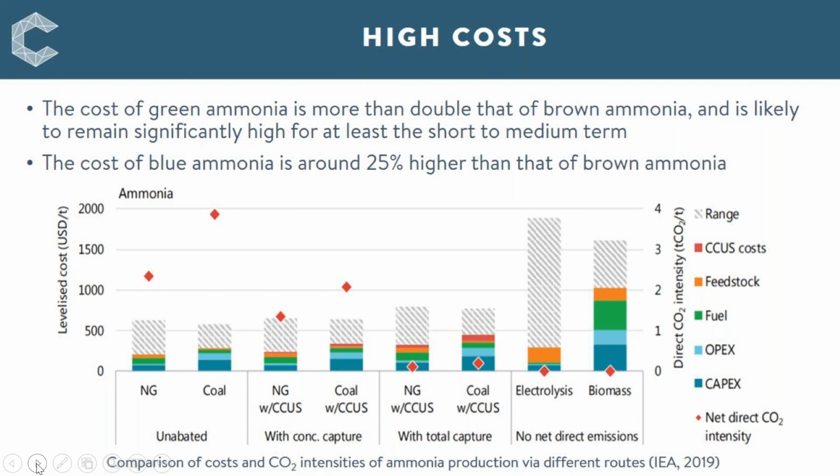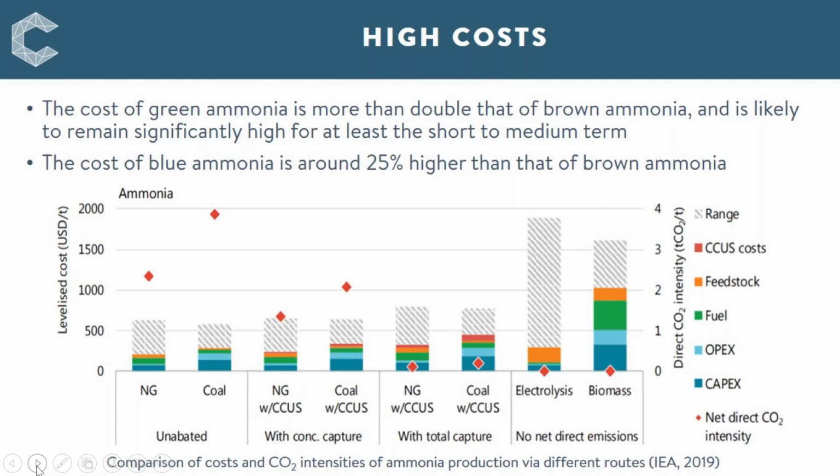Due to the added cost of the carbon capture system, the cost of blue ammonia is around 25% higher than that of brown ammonia. The increase in blue ammonia production cost can be largely offset by, for instance, emission charges, making blue ammonia a potentially viable choice for low carbon fuel.